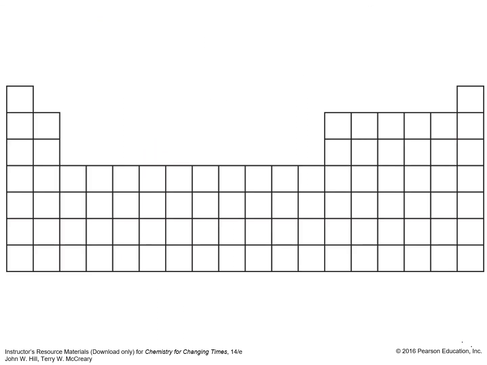So that wraps up the chapter. My advice for you is to create or draw a periodic table for yourself and fill in these blanks, like group 1A or group 2A, and what these groups are called, where your noble gases are.